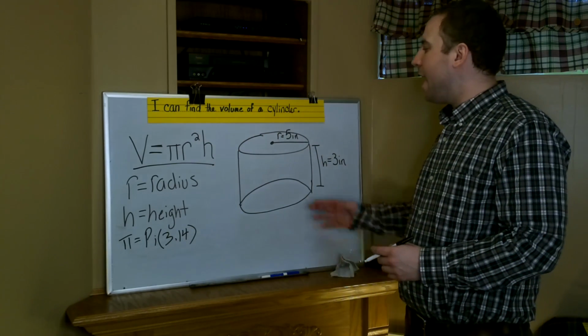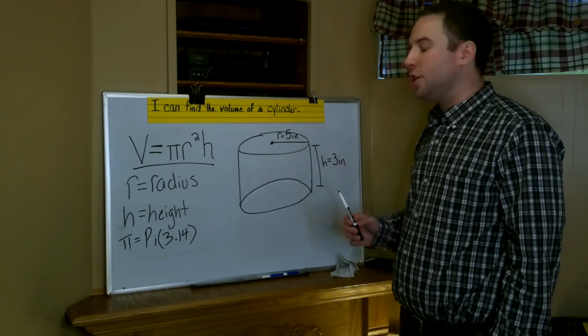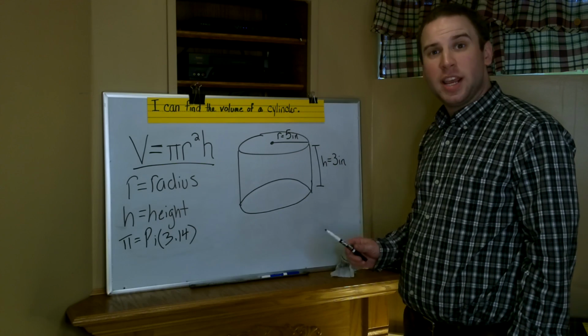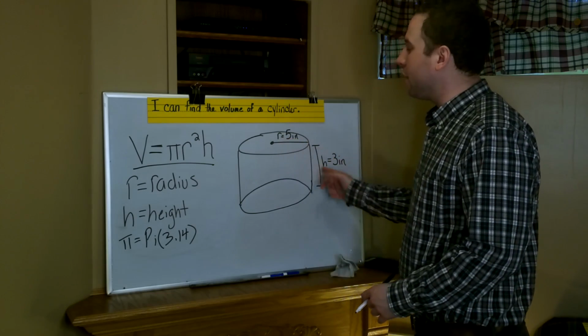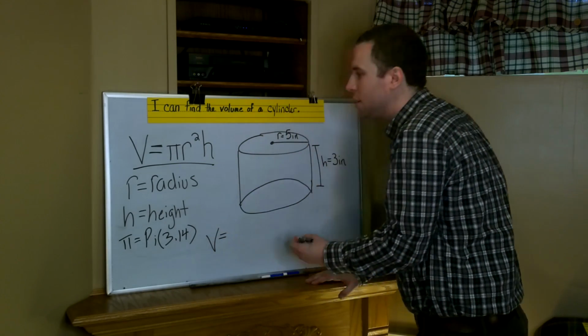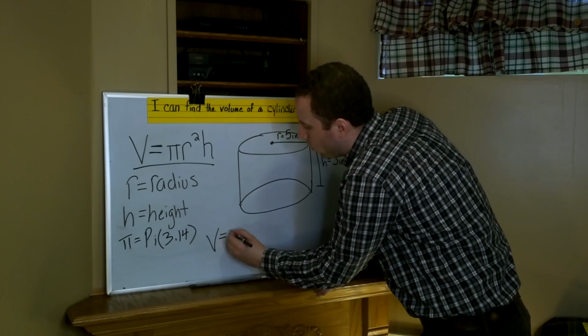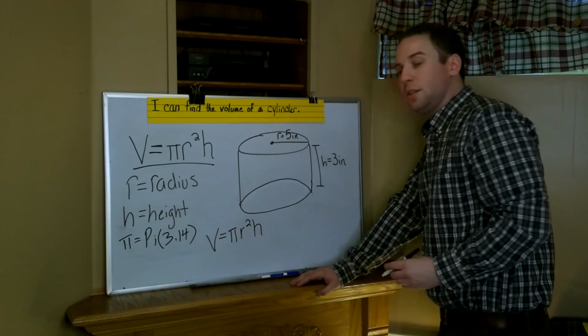So, let's say I have the following cylinder that has a radius of 5 inches and a height of 3 inches. In doing so, we're going to take our values here and plug them in to find the volume. So, volume equals, again, pi r squared times the height.